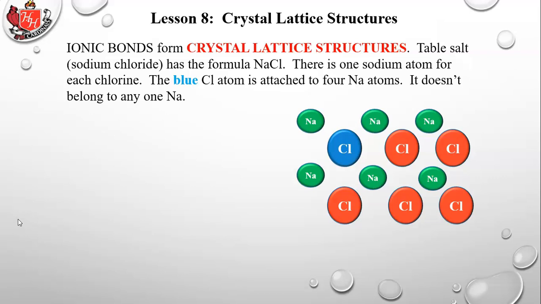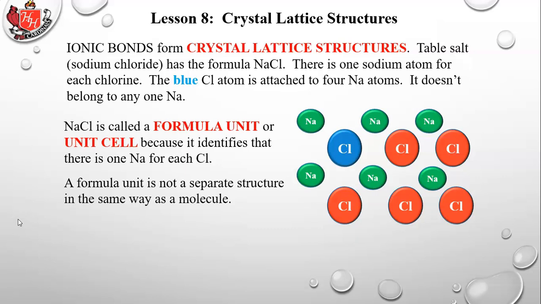We're showing it as 2-dimensional, but there would be a sodium on the side of the chlorine closest to you, outside of the screen, and back inside the screen on the side of the chlorine away from you. So there's actually 2 more sodiums, but we're just showing it as 2 dimensions, so we're going to say that there's 4. So that chlorine doesn't belong to any one of those sodium atoms. It belongs to all of them equally.